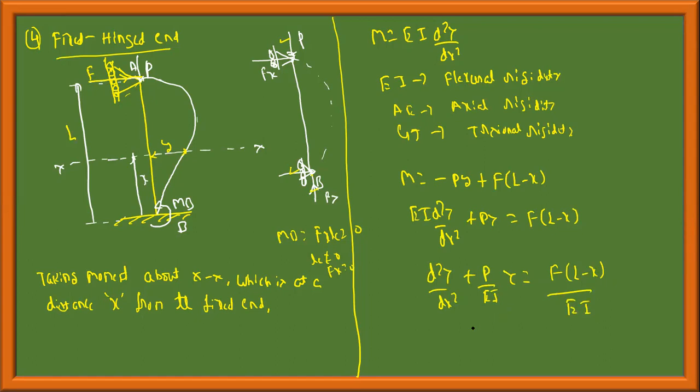I'll write d square y by dx square plus n square y is equal to some constant k, where n square is equal to P by EI, n is equal to root P by EI.